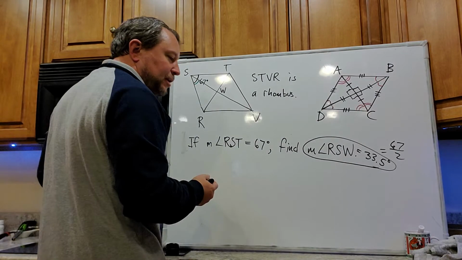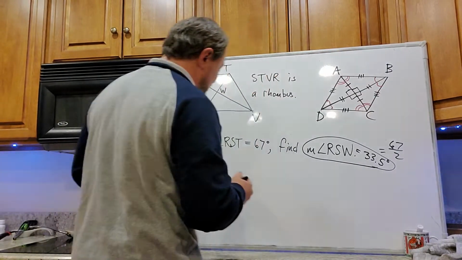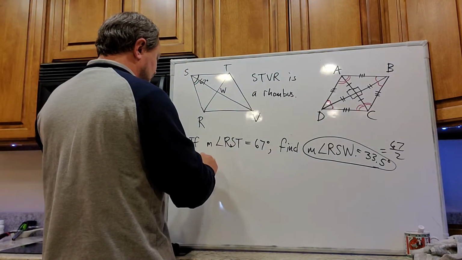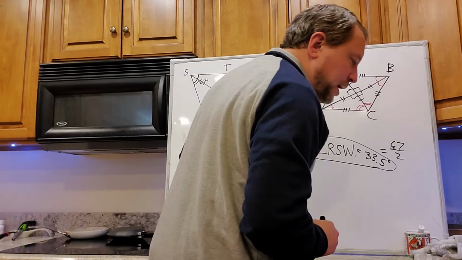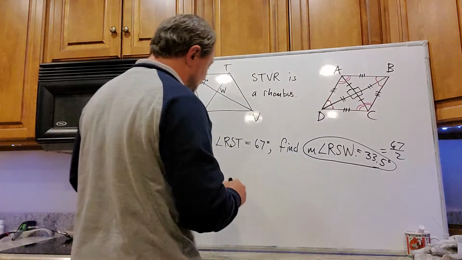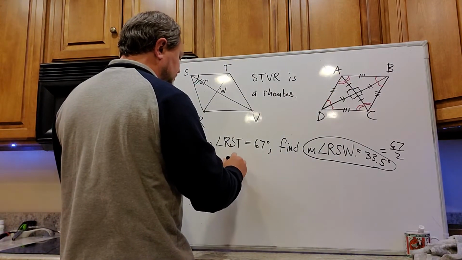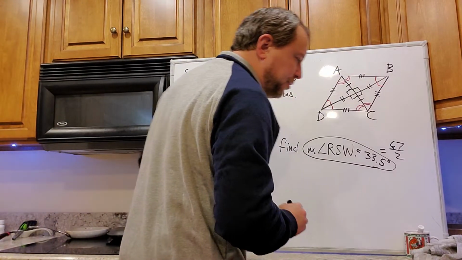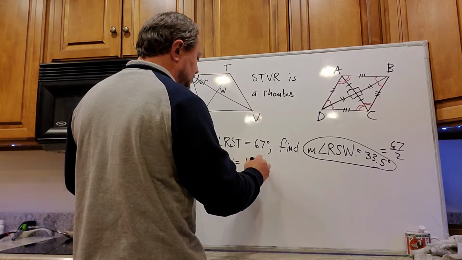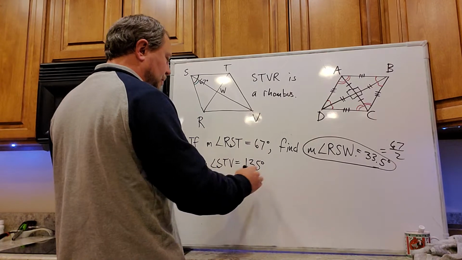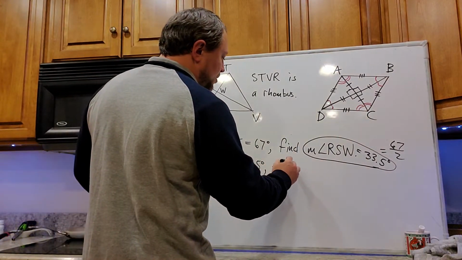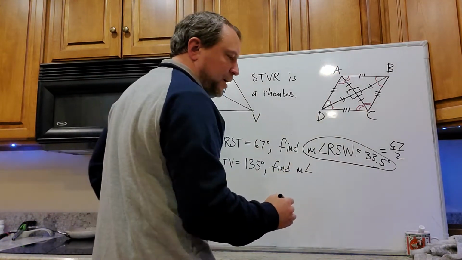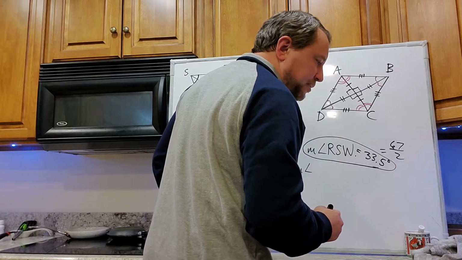This time, let's say that I'm going to give you angle STV as being 135 degrees. And I ask you to then find the measure of angle SVT.